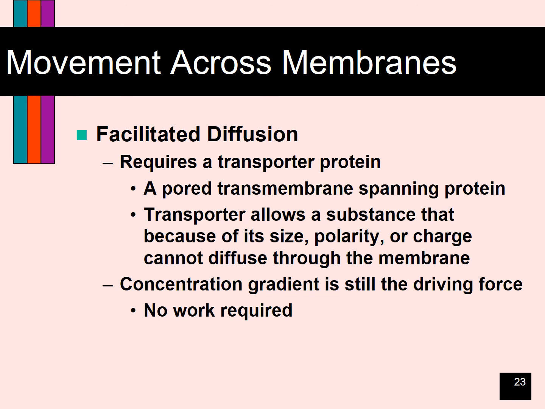So you're still going to go from where you're at high concentration to where you're at low concentration, okay? But you're going to do so through a transporter protein, okay? This is what's called facilitated diffusion.